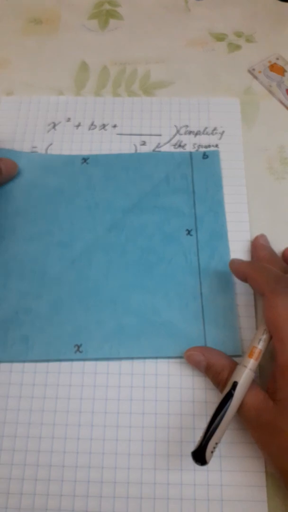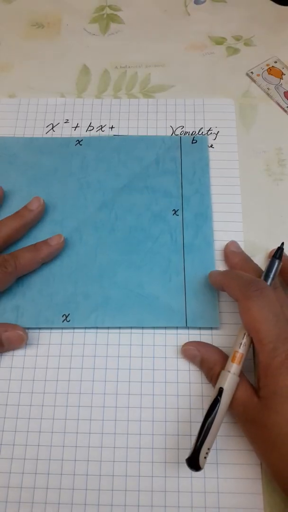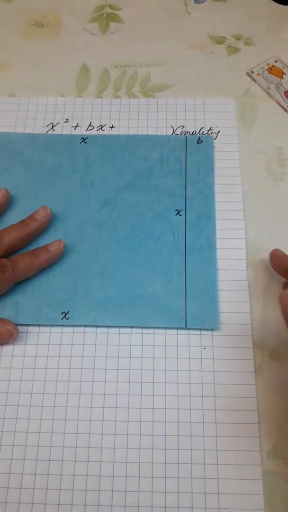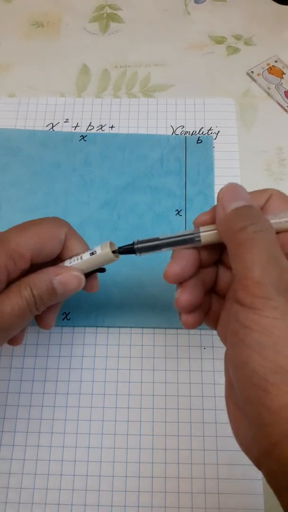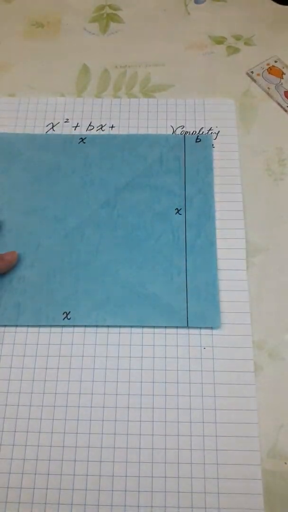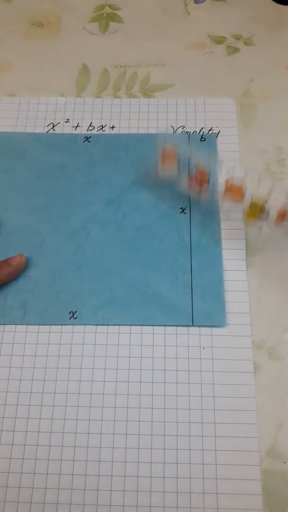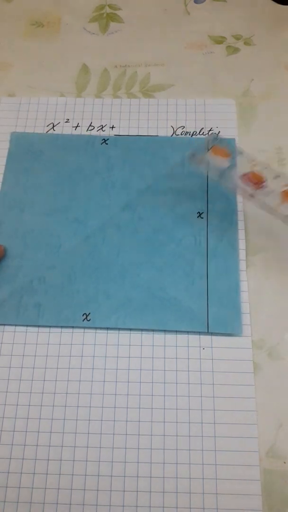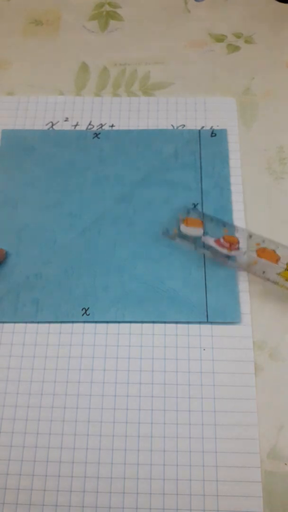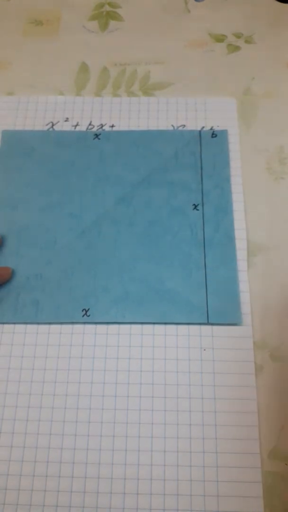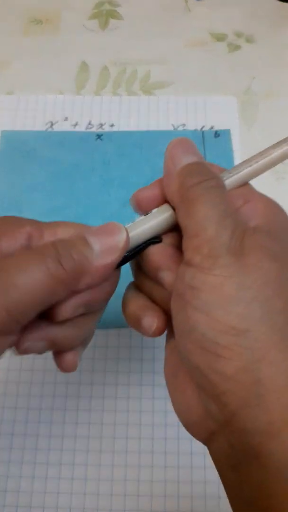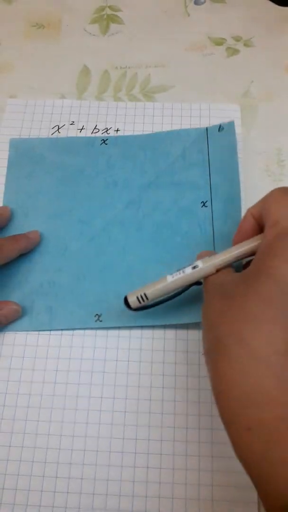Now, look at this expression again. Can you find any meaning for x squared plus bx related to this piece of paper? x squared, x times x. Actually, x squared is the area of the square.